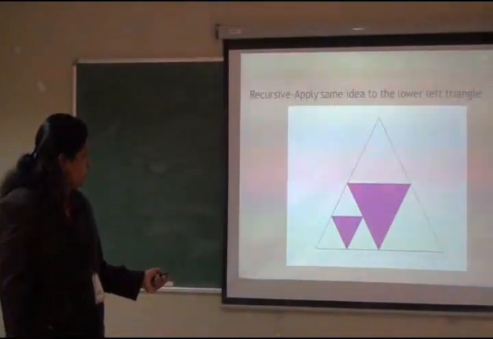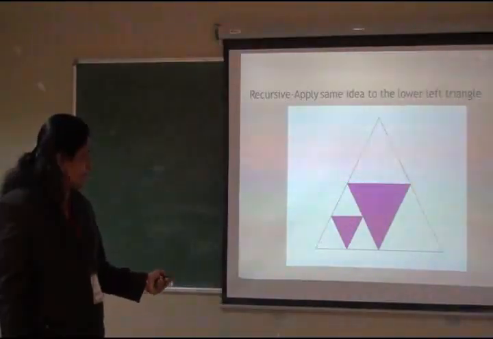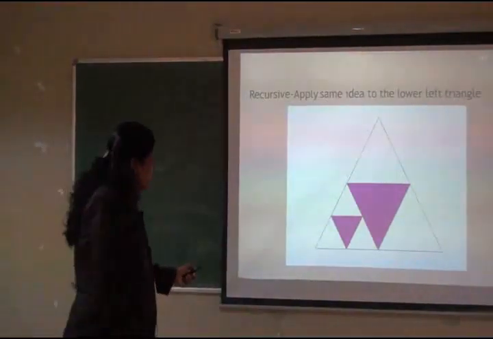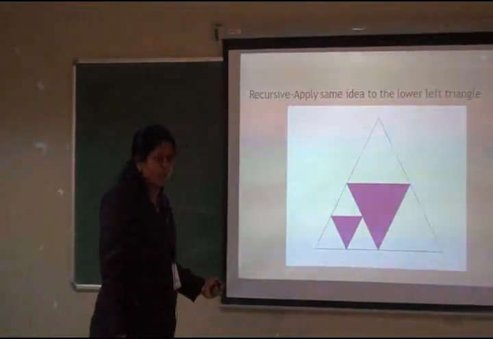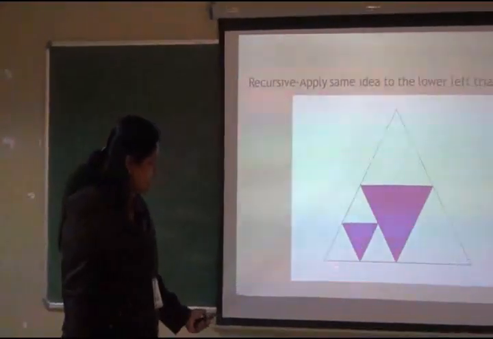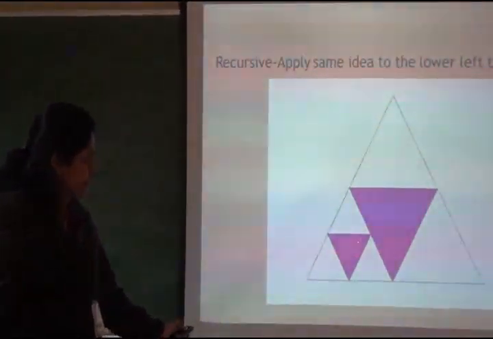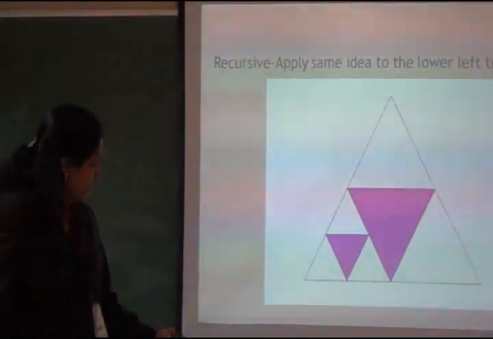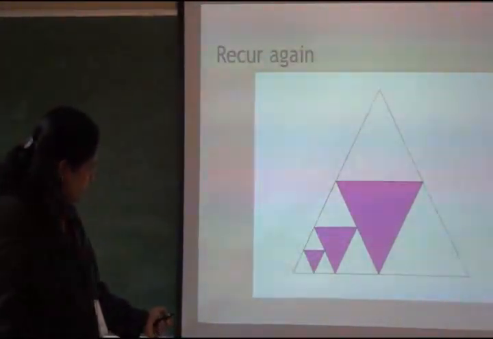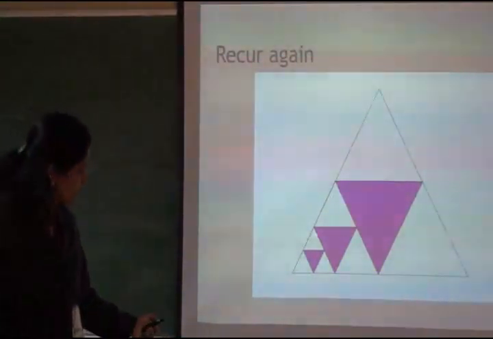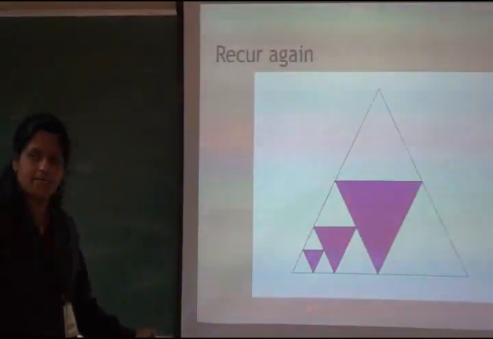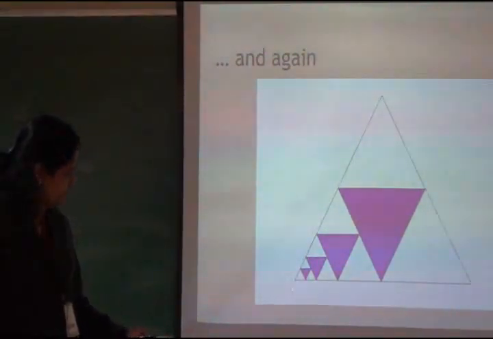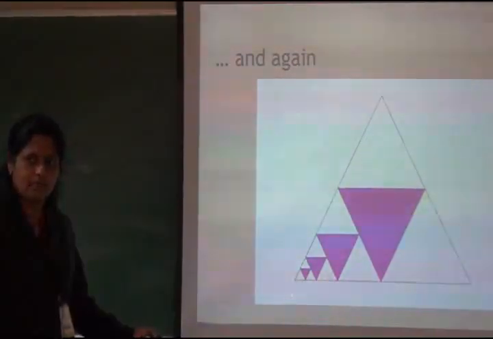And then look at this triangle. After that you will get three triangles. So you just take the left triangle, connect all the midpoints, and make it pink. Again you get a smaller triangle, connect the midpoints and color it pink, and then you get a smaller triangle.